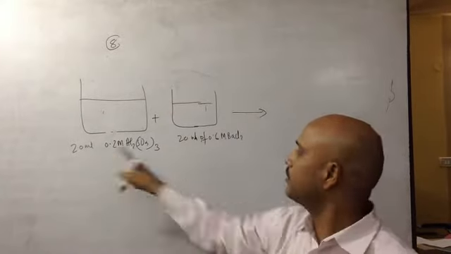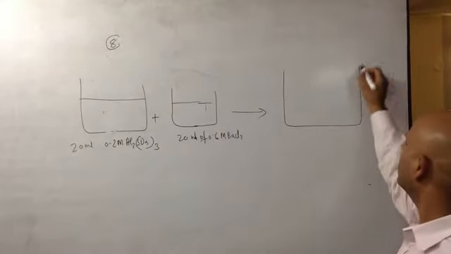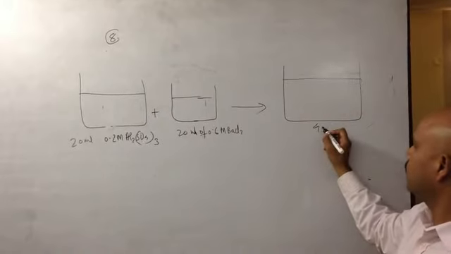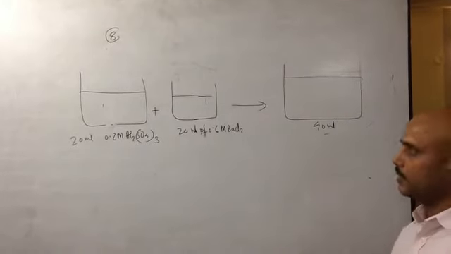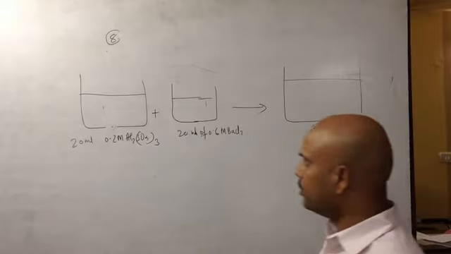When you add 20 plus 20, the final volume is 40 milliliter.